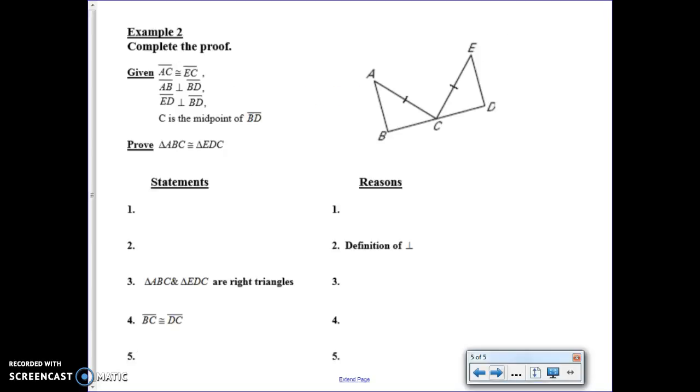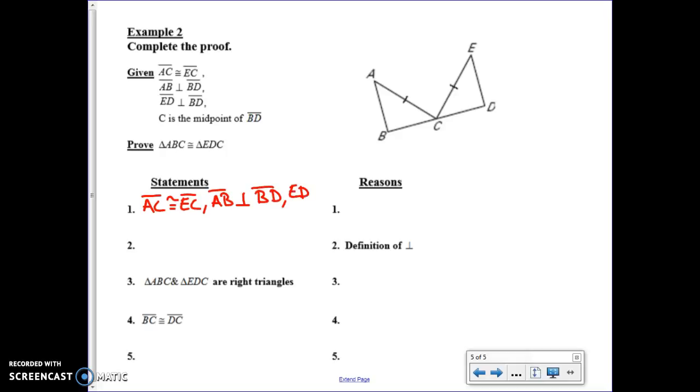So let's try this one out. We've got a lot of information for our given. I'm going to throw it all into that first statement. So AC is congruent to EC. AB is perpendicular to BD.